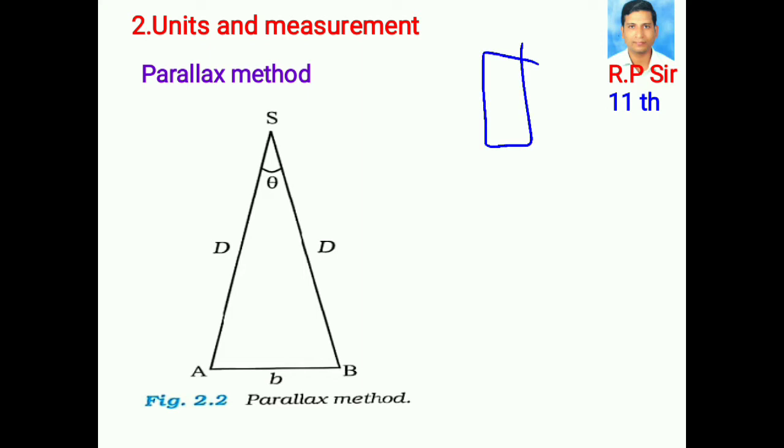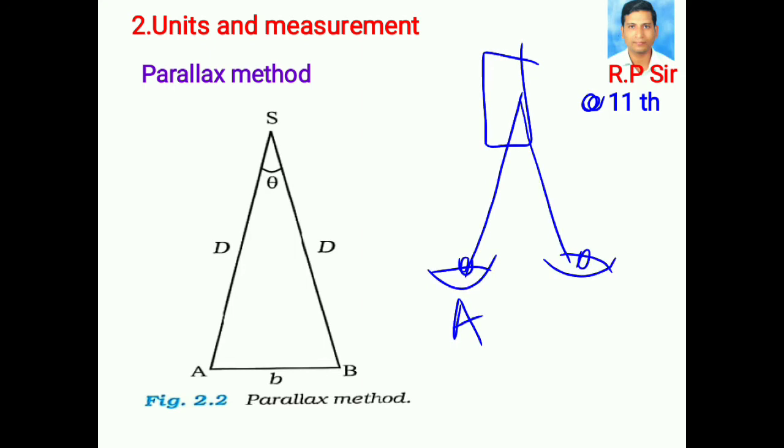in front of you against some specific point on the background or on a wall, and look at the pencil first through your left eye A, closing the right eye, and then look at the pencil through your right eye B, closing your left eye.